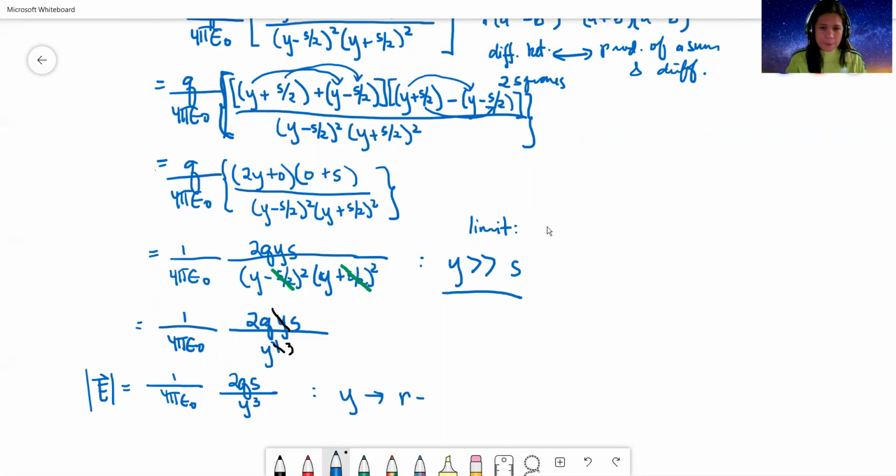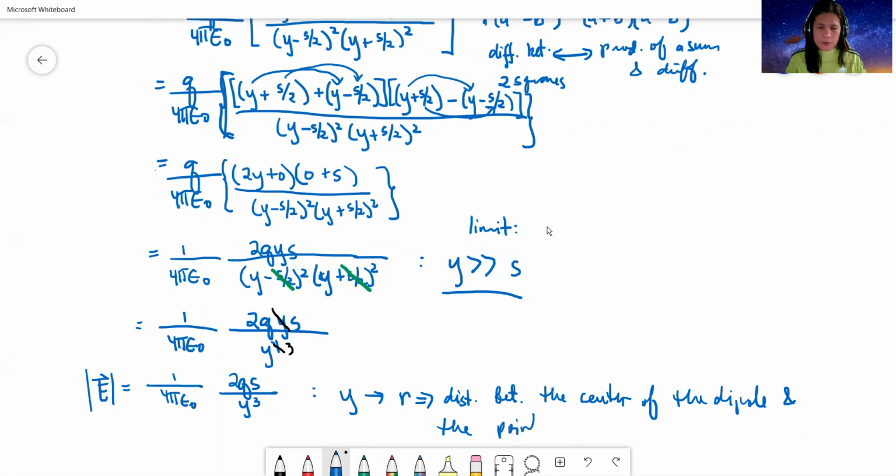Take note, only for a dipole, r is the distance between the center of the dipole and the point of evaluation.